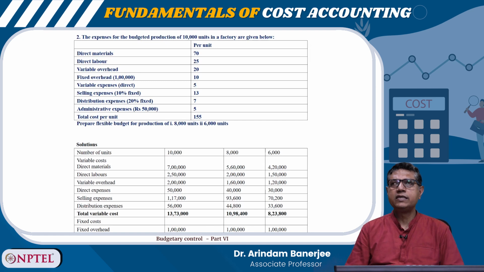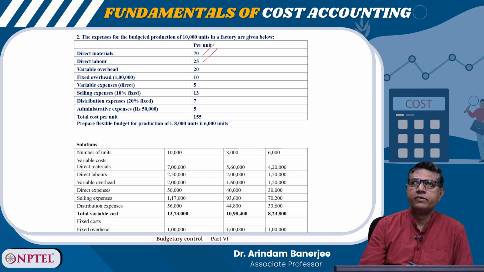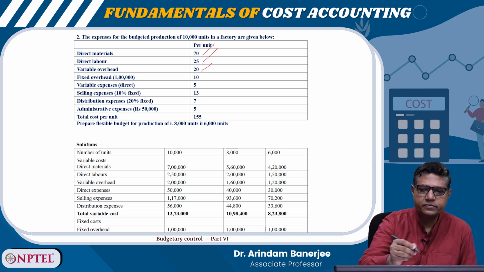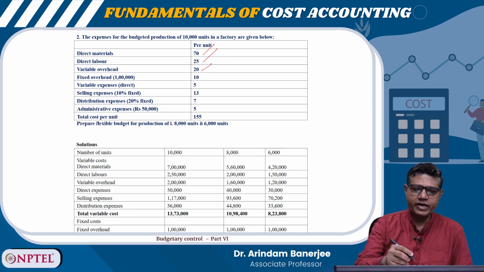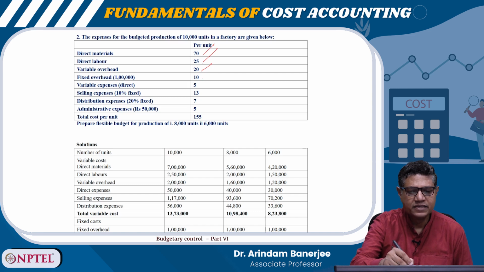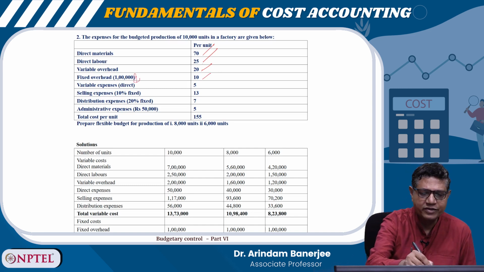Second problem: the expenses for the budgeted production of 10,000 units in a factory are given below. Direct material 70 per unit, direct labor 25 per unit, variable overhead 20 per unit, fixed overhead 10 lakh, it is 10 per unit. 10 lakh is the total value, that is the total fixed overhead.